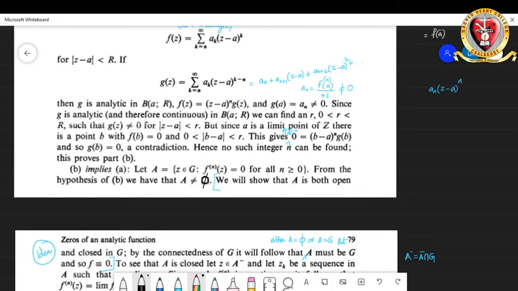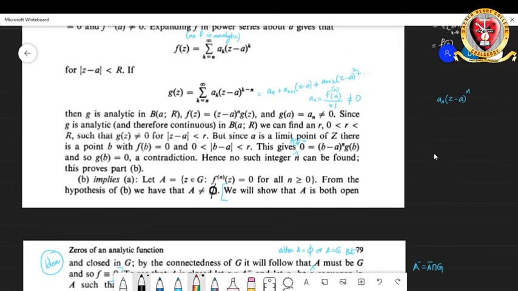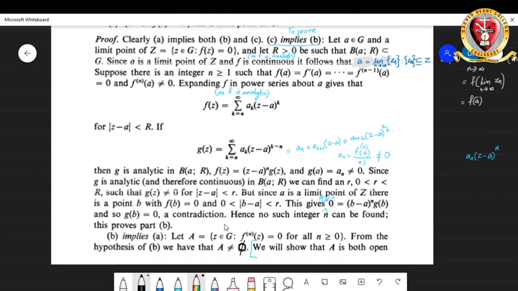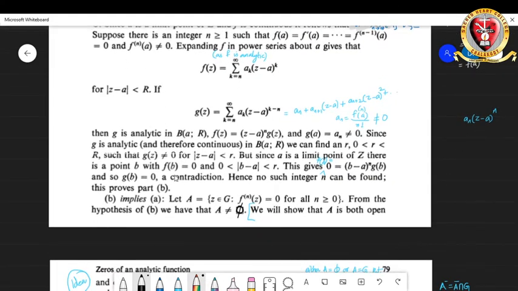That is an assumption which we had inside here. We had said that we can find r such that g(z) is not equal to 0 for modulus of z minus a strictly less than r. That is the contradiction which we get here, because this b is coming from modulus of z minus a strictly less than r. So that is a contradiction that you get there, to clarify if there is a doubt.